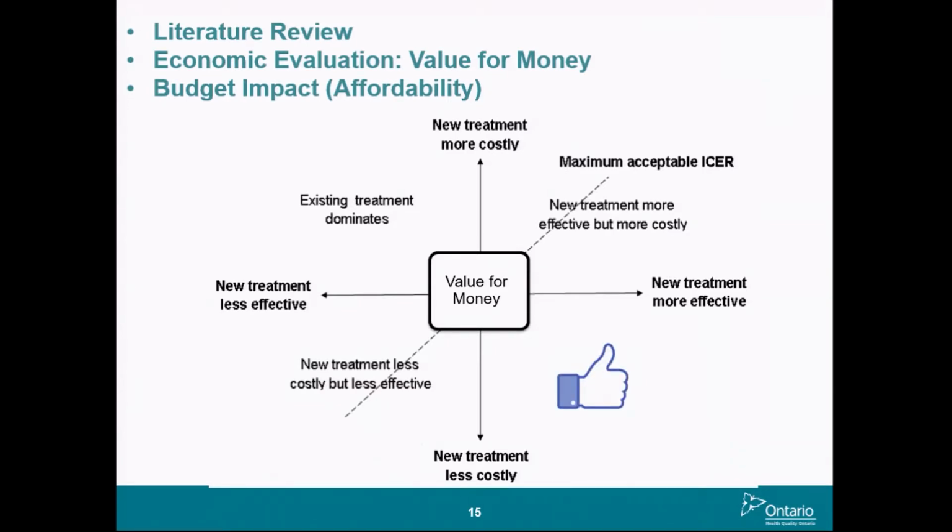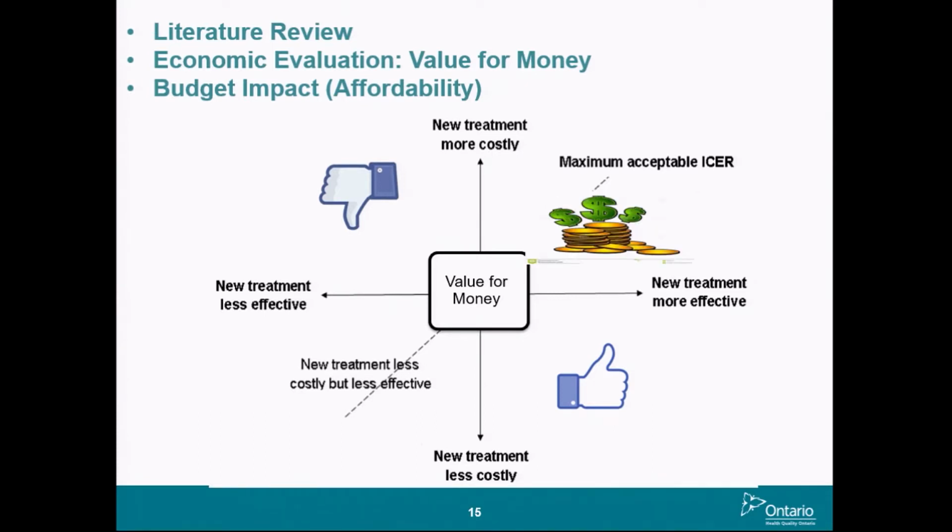Obviously, we will need a new treatment or a health intervention to be more effective and less costly. That's what we want. But sometimes new treatments can be less effective and more costly, and that is most likely to end up with a negative recommendation. Then there is this quadrant where the treatment can be more costly and more effective as well.